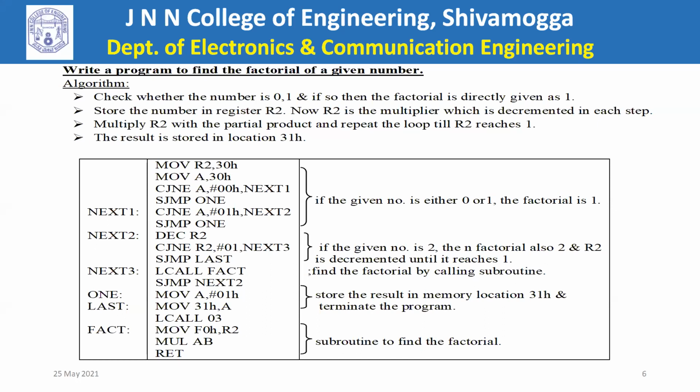Later, if it is not 0, not 1, and not 2, then you would call a subroutine called fact, where after every decrement you are multiplying with R2. That's how you do it.